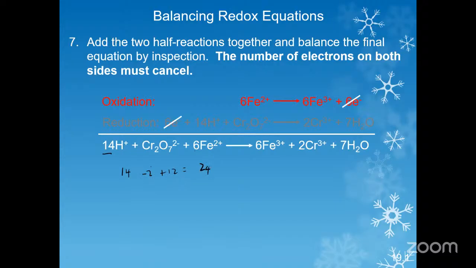So that's the total charge on the left side. Let's look at the right side. We have 6 times 3, which is 18, and then we have 2 times 3, which is 6. So that's equal to 24, right? So we have a total of 24 plus charges on both sides. So therefore, now we are confident that this equation is balanced.